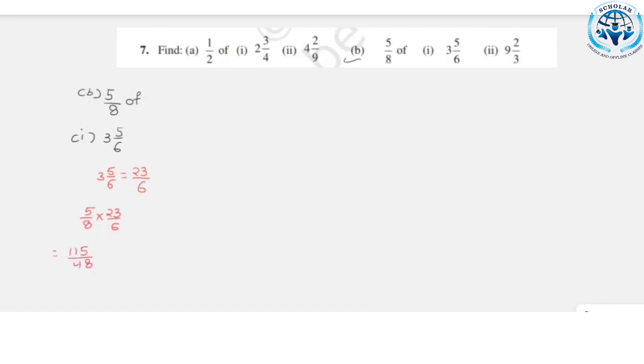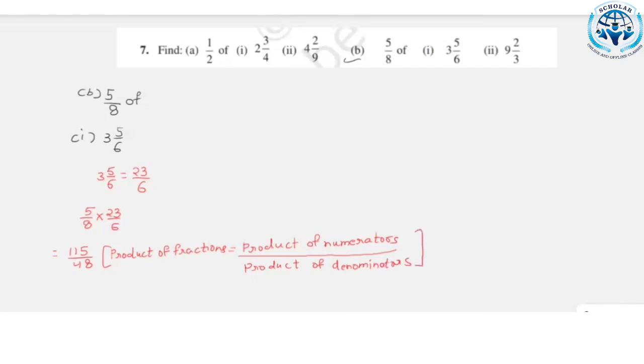Multiplying numerator with numerator, 23 into 5 is 115, and denominator with denominator, 6 eights are 48. So the fraction is 115 by 48. Now, when the numerator is larger than the denominator, the fraction is called an improper fraction. We will again convert it into a mixed fraction: 2 19 by 48.